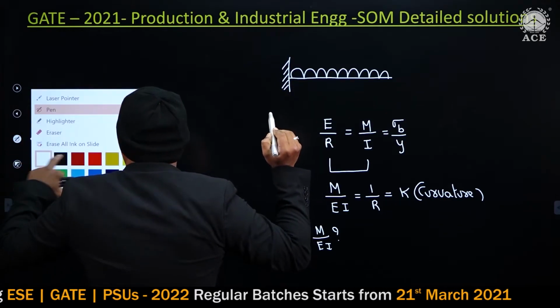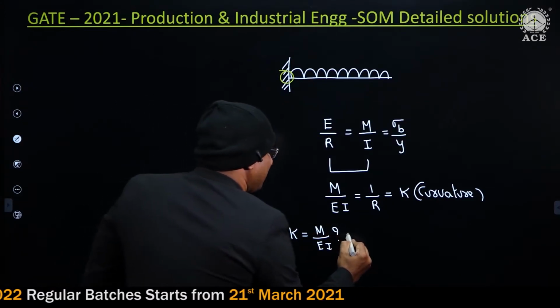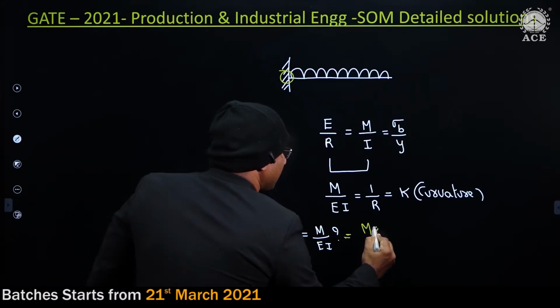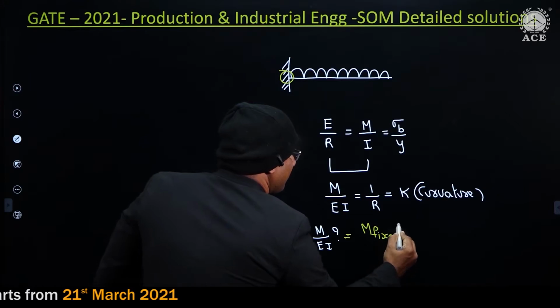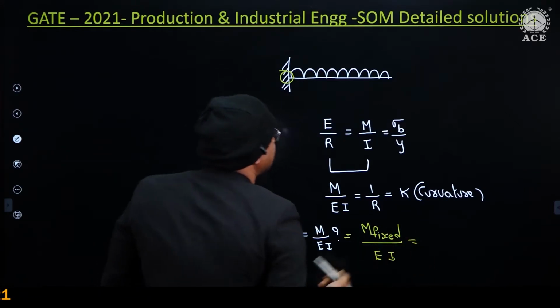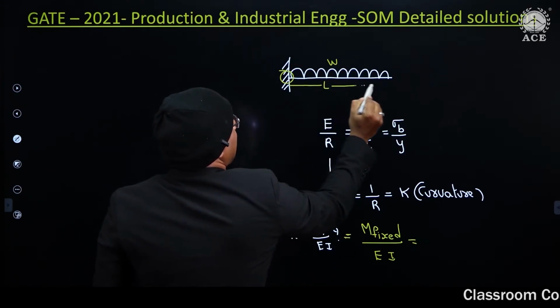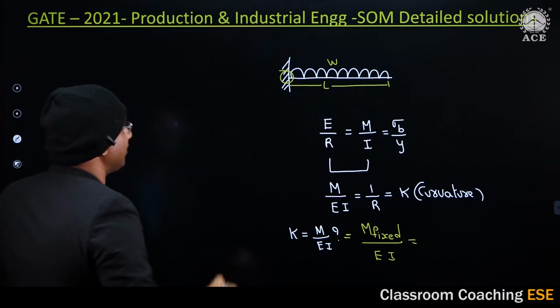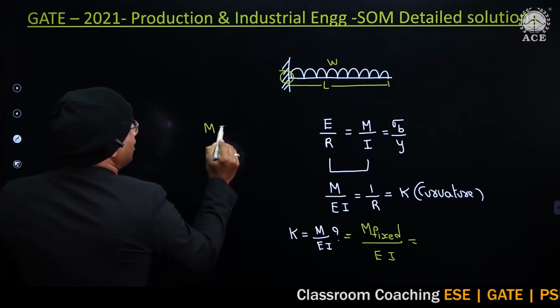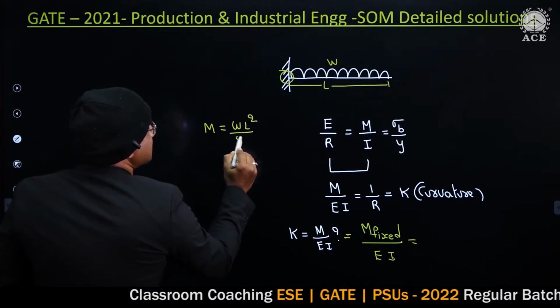At the fixed end, how can I find out? M at fixed end by EI. Substitute the M at the fixed end. This is W, this is the L. What is the moment? M at fixed end equal to W into L by 2, that is WL square by 2.